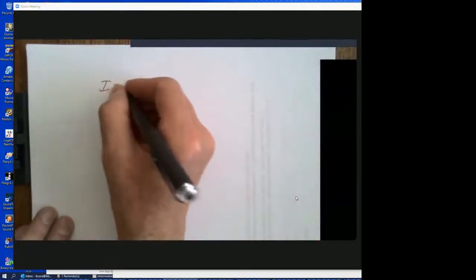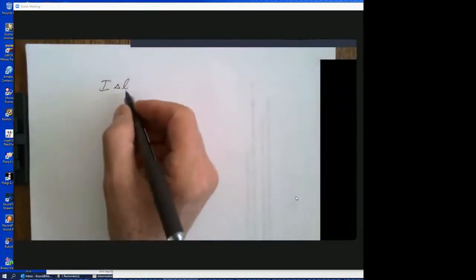First of all, what's important is that's what gets you out there. Current and length.